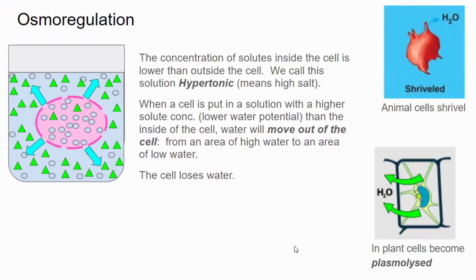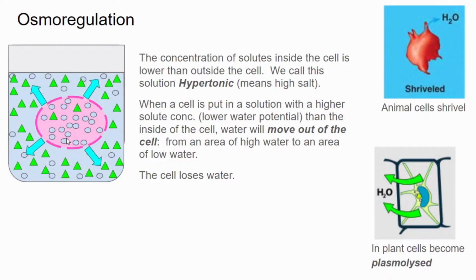Okay, so in this case here, the concentration of solutes inside the cell, our little triangles, is much less than outside the cell, which is just packed with salts or solutes. We say that this solution is hypertonic, so a high amount of salt. When a cell is put into a solution with a higher solute concentration, it's experiencing a lower water potential.